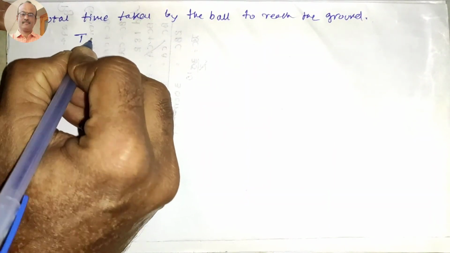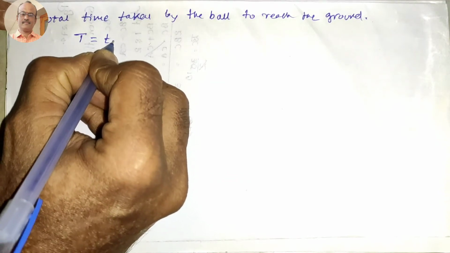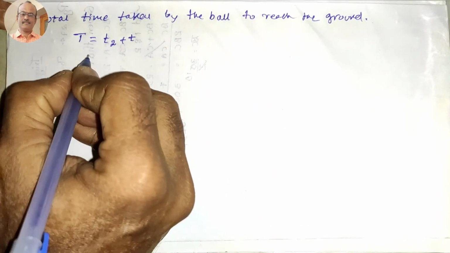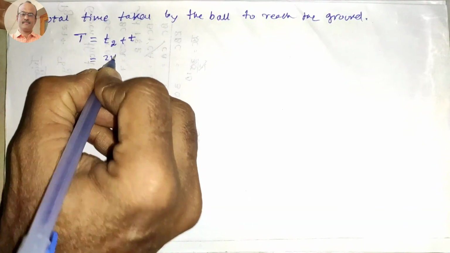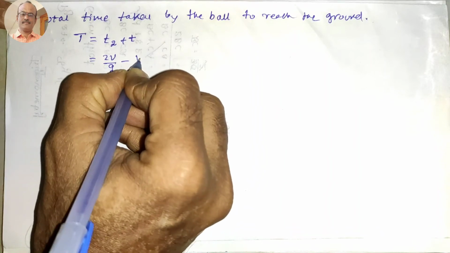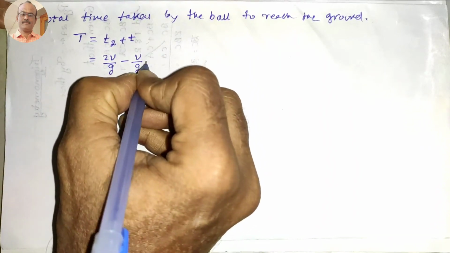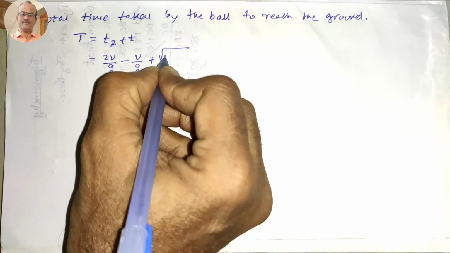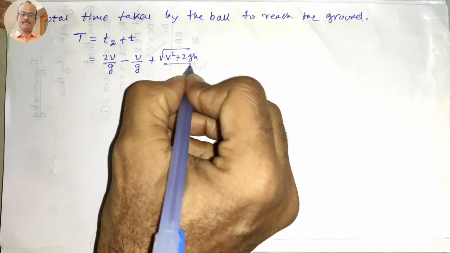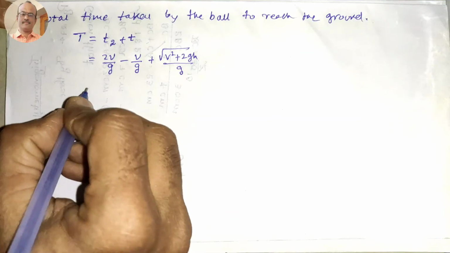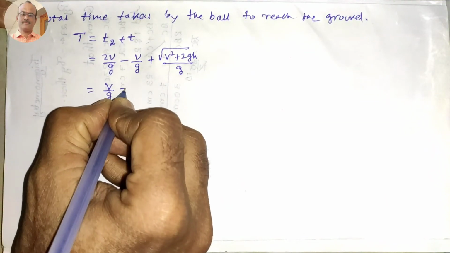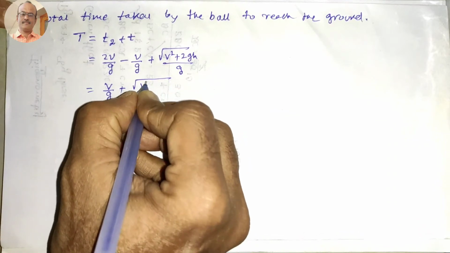So the total time t is equal to, initially we drew that t, and now here t. What is t here? 2v by g, and this t is nothing but minus v by g plus square root over v square plus 2gh divided by g.